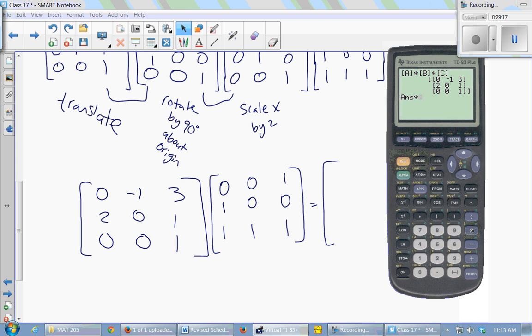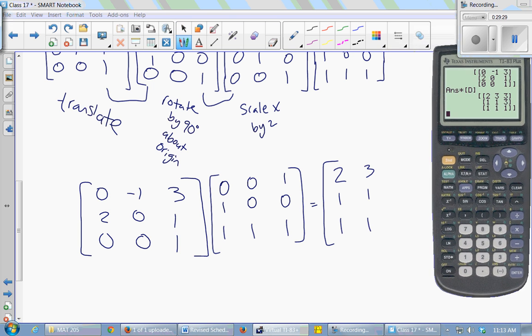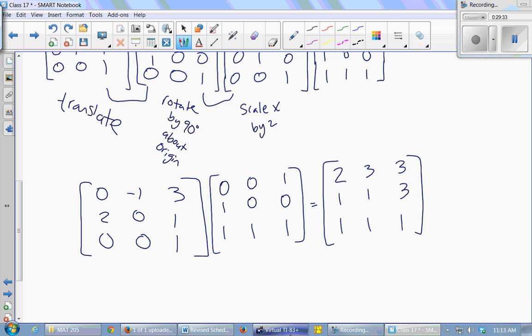I'm going to multiply that matrix by my data matrix D. And these are the points I get: 2, 1, 1, 3, 1, 1, and 3, 3, 1. No, no, but some of your homework questions just ask for the matrix. So I did it like that so you can see how to get it. Yeah, if you want to use it on a different data matrix, yes. Okay.